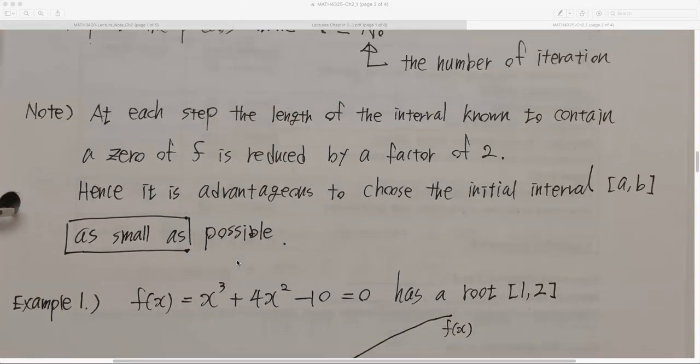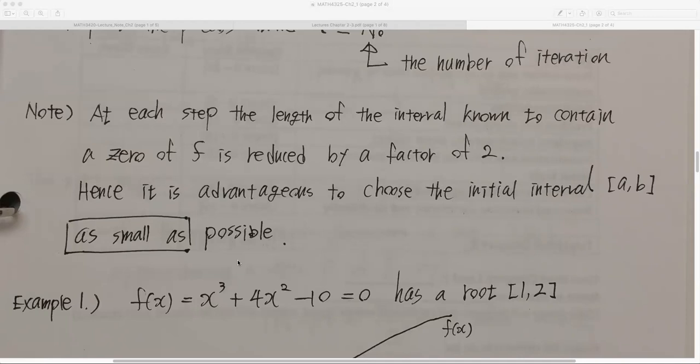So the initial interval is also important. You don't have to figure out the best initial interval, but just find an initial interval such that f of a times f of b must be less than 0.